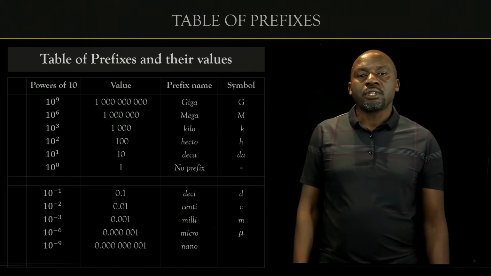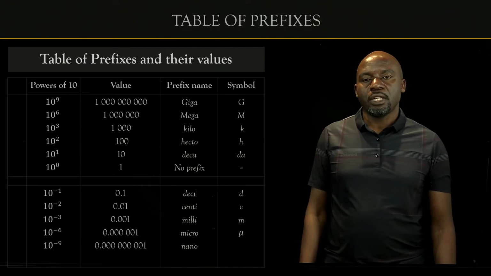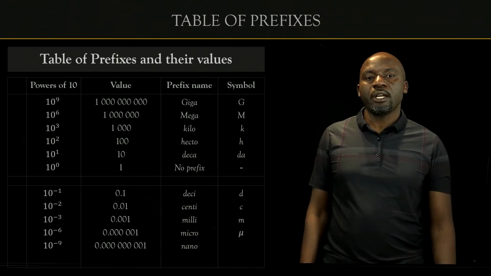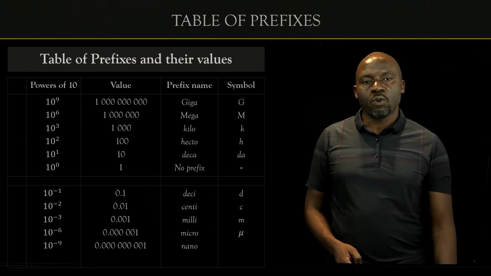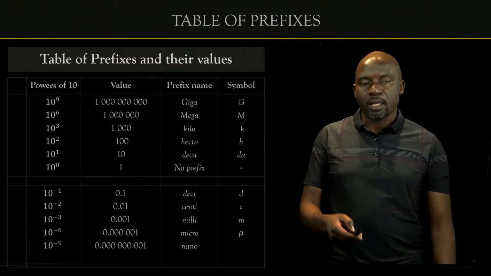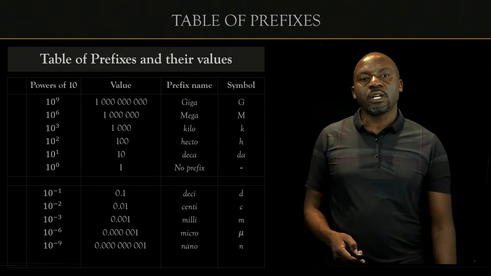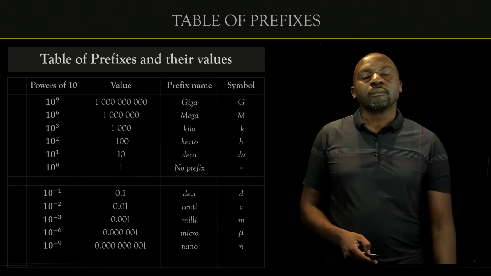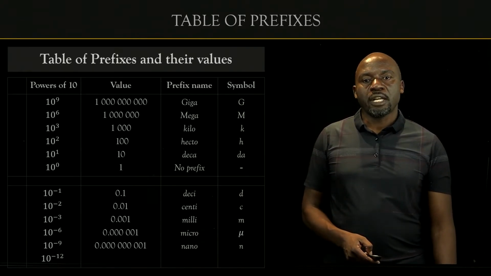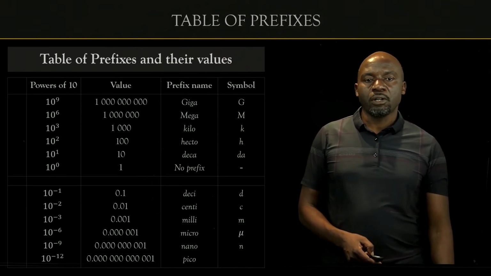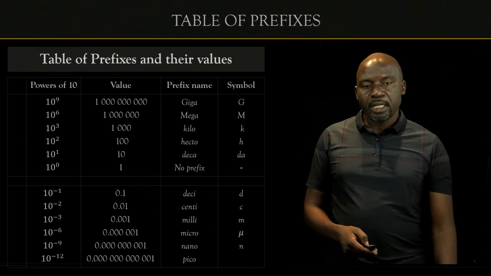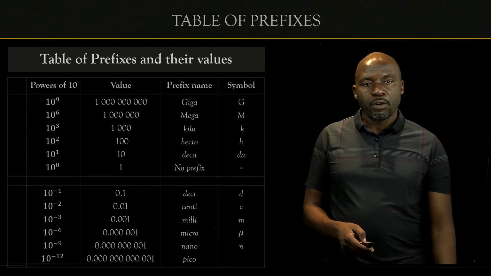Okay, so when you see this in an expression, if you see a unit expressed with a giga or milli or micro and so on, you should know what the prefix refers to. Let's see how this becomes useful in calculation. 10 power negative 12 is called pico. We have 10 power negative 15, which is femto.